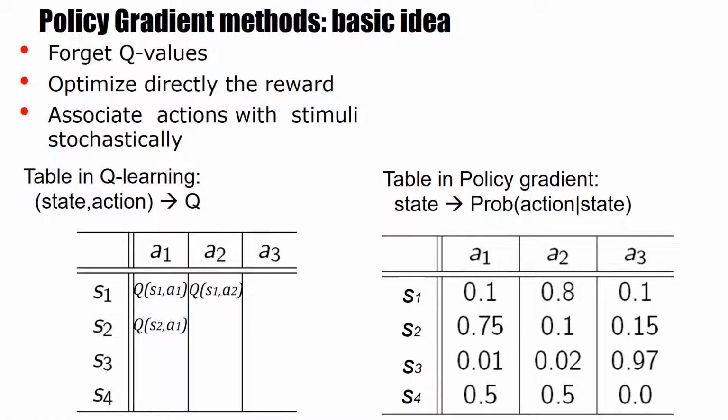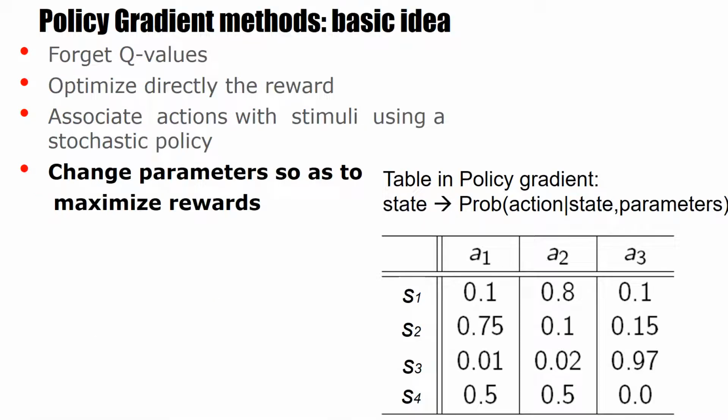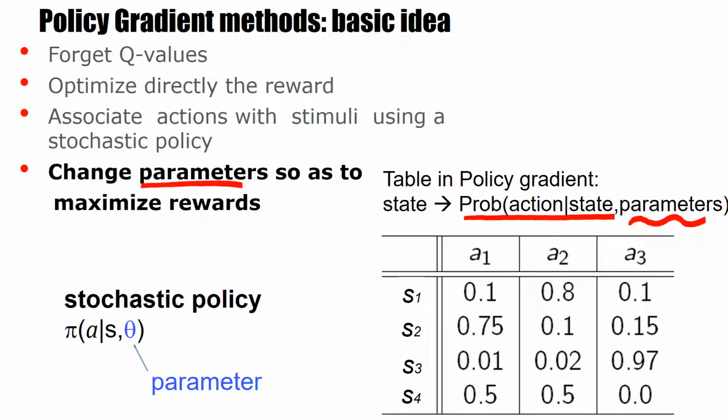I have 3 actions, and the 3 actions together are taken with certain probabilities, and the only condition is that these probabilities must sum to 1. And now the idea is that these table entries, these probabilities of action given a state, will actually depend on parameters. And so now we change the parameters so as to maximize the rewards.